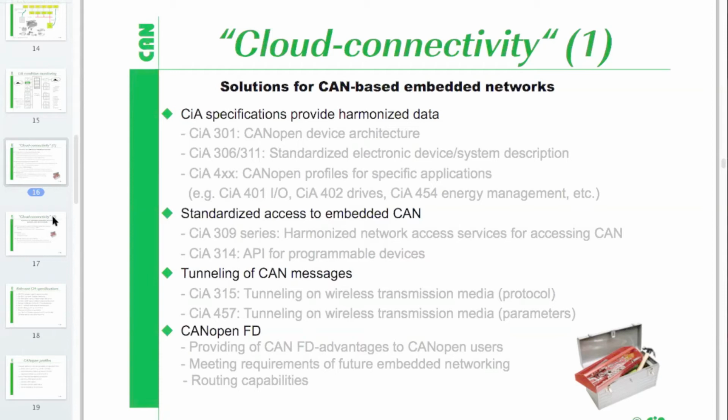And we have a newly developed technology, CAN FD, with flexible data rate up to 4-5 megabit and up to 64 data bytes, where we have certain advantages on the embedded CANopen network, providing much faster access to the data for these gateways, which should provide the data to the end user over the cloud and so on.